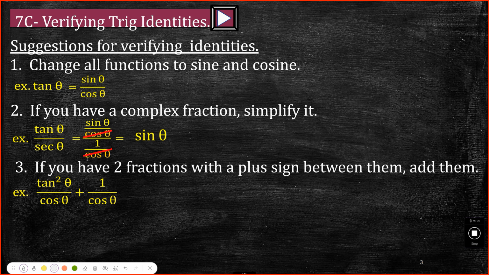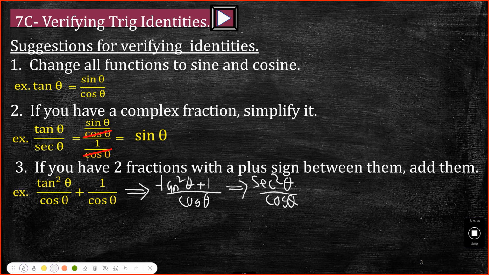So this is going to become tangent squared theta plus 1 over the common denominator of cosine theta. What's tangent squared theta plus 1? Secant squared theta. So this is going to be secant squared theta over cosine theta.